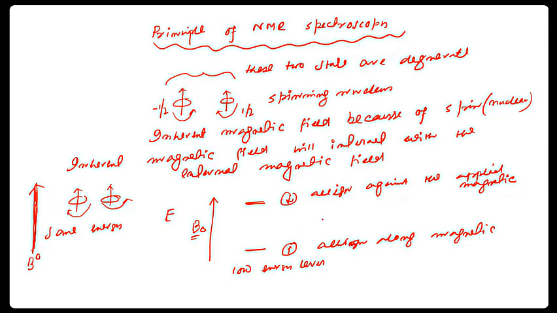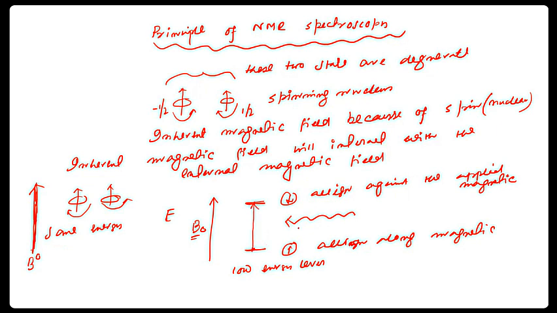Now what we have to do is check the gap, the extent of their difference. Then we will apply an external wave or external energy. If that energy exactly matches this energy gap, then the nuclear transition will happen, and the nucleus will go from this state to this state.